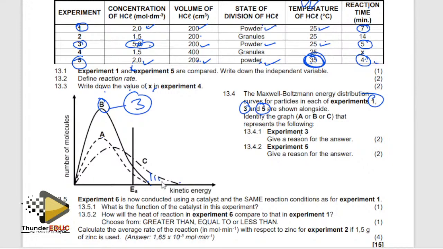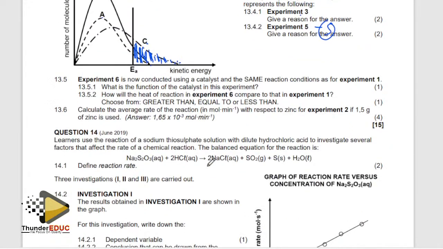You see, these are the particles with sufficient energy. Don't forget, they can ask you what is this shaded area. These are particles with sufficient energy to react. So automatically C is going to be experiment 5. Why? Because it completes the reaction very fast, and also has the high temperature. It means that the particles have sufficient energy to react. Do you understand? Yes. So that becomes number 3. So it's cool.